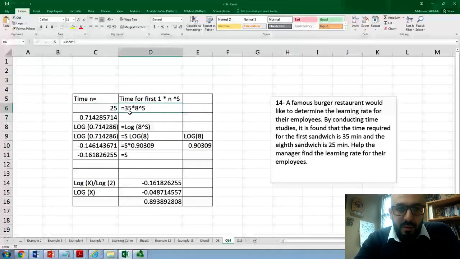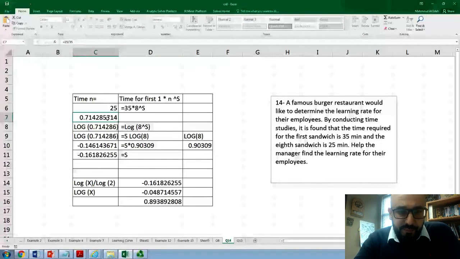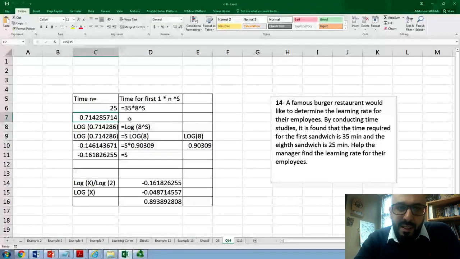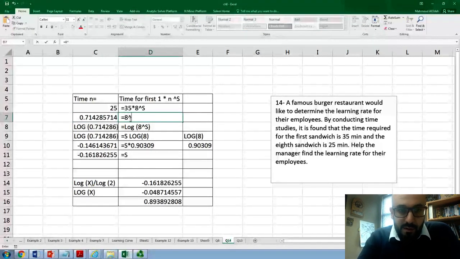Now you divide both sides by 35. So that would give you 25 divided by 35, which is 0.714, and this would be equal to 8 to the power of s.